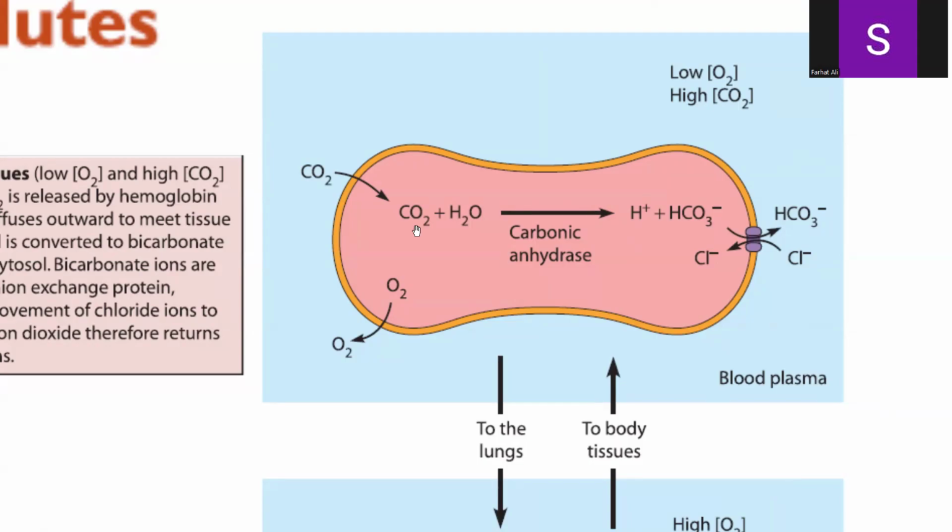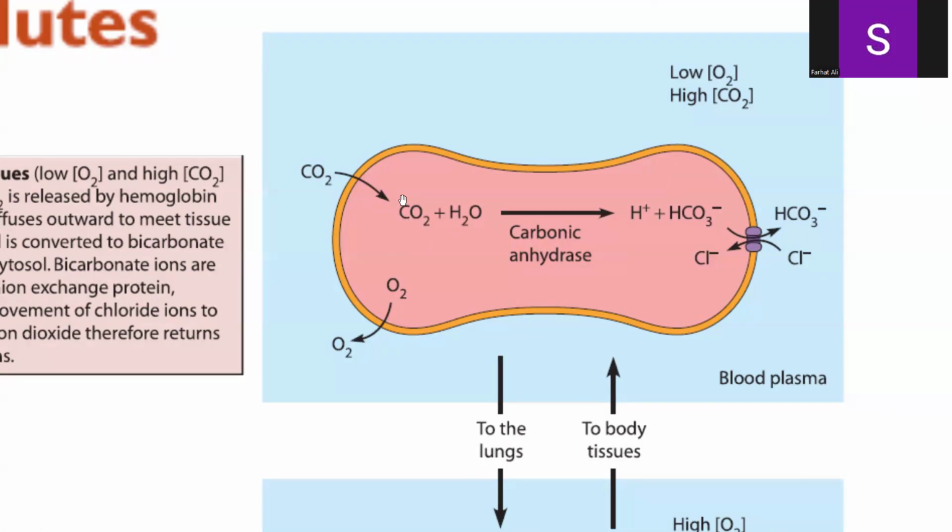Now, in the red blood cell, there is this enzyme called carbonic anhydrase. This is a very important enzyme. The enzyme carries out the reversible conversion of carbon dioxide to carbonic acid. So this is a reversible process and can take place in both directions by the same enzyme, depending upon the concentration and other regulatory factors.